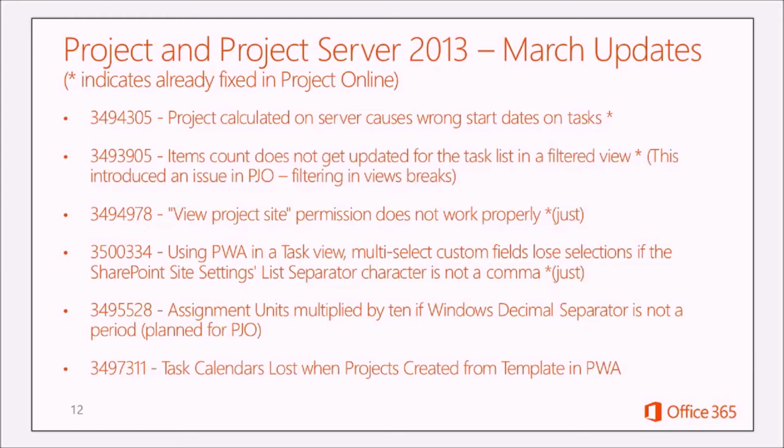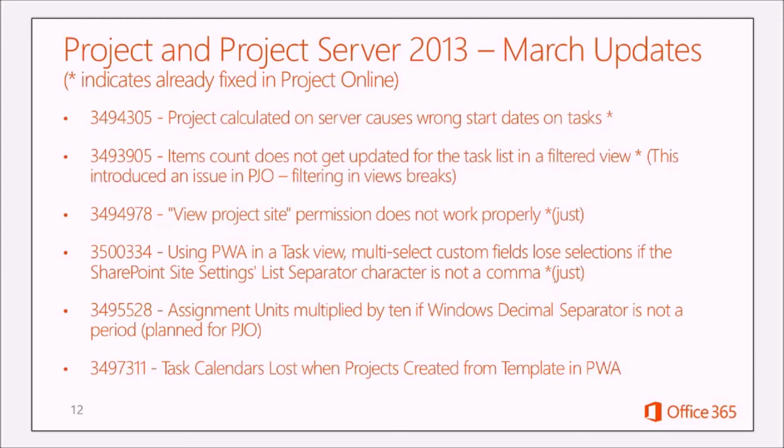It might be the project task list, but it could just as well be any task list that you've added to a site in SharePoint Online, even without Project existing on that system, because the task list is a feature that Project sort of owns and puts out there, but it comes with SharePoint Online as well as with Project Online. So you might have a count of items in the list, and you might filter it and have a filtered view. And we weren't updating the count correctly.